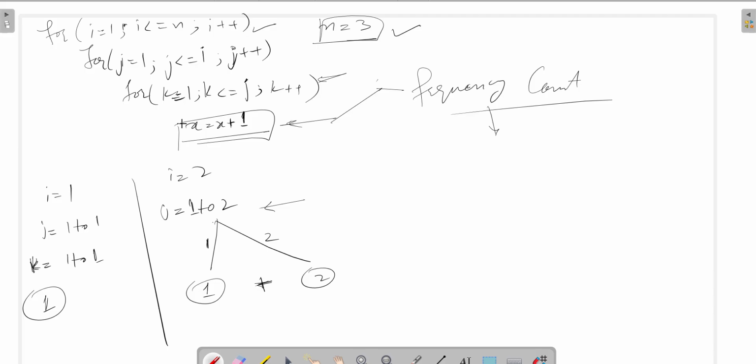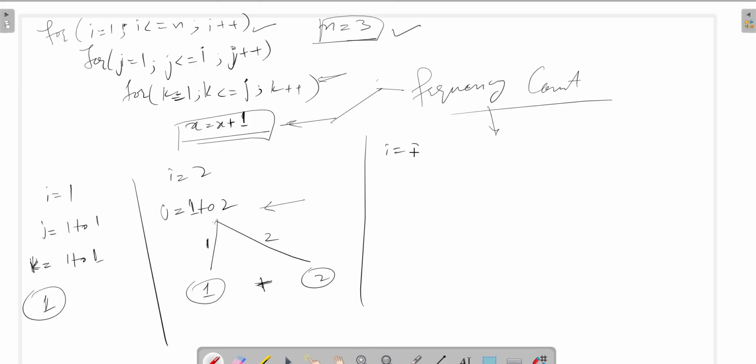Why? Because we want to get the total number of times this statement would execute for i equal to 2. Because there are 2 iterations of the second loop, we have to add. This statement runs as part of the first iteration of the second loop, and then it runs again as part of the second iteration of the second loop. So that's why we have it.